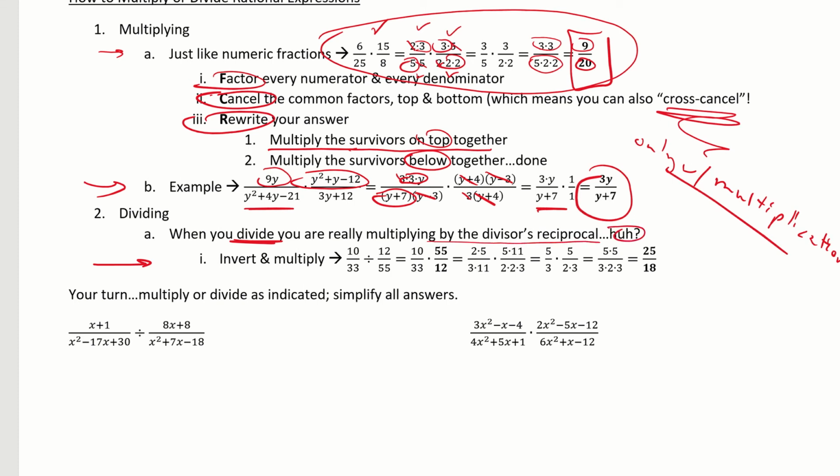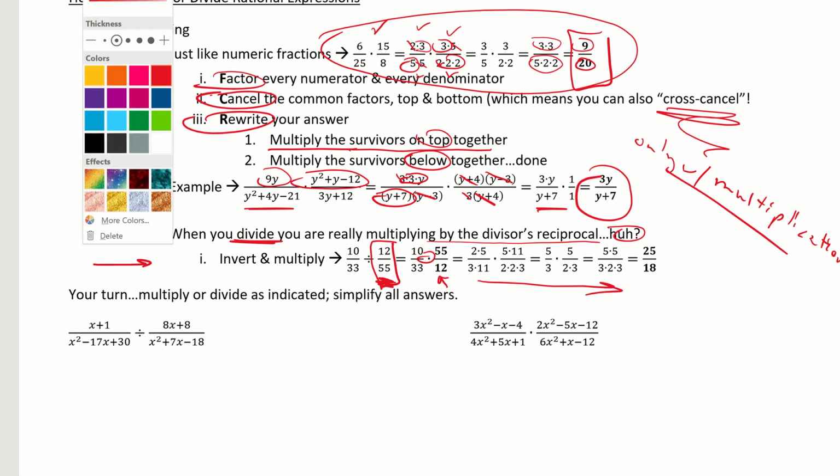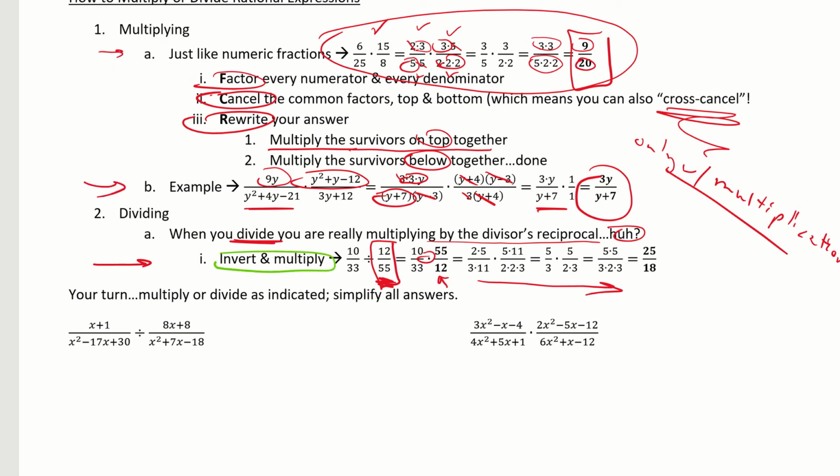What are you talking about? That means the second fraction right here, when you divide two fractions, flips over and then you multiply. Remember that? And then, of course, I finish the problem. We finally get 25 over 18. But just don't forget, we invert and multiply for division.